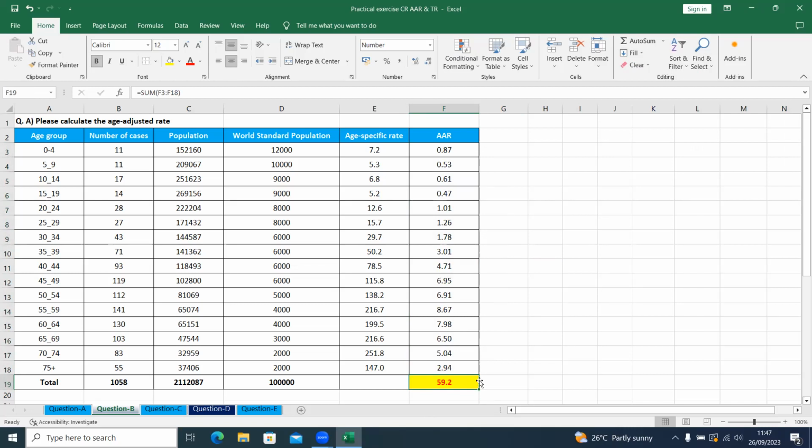Is it clear to the Afghanistan team? Yes, sir. So you do regular practice, and you will be perfect. Indonesia team, Vietnam team, is it clear? Clear, sir. Nepal team.